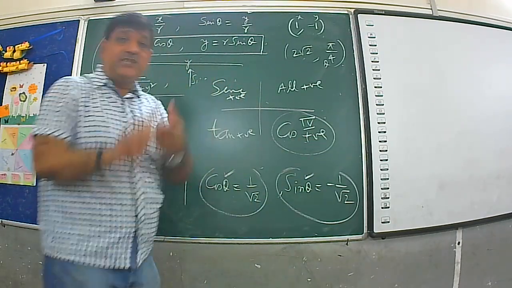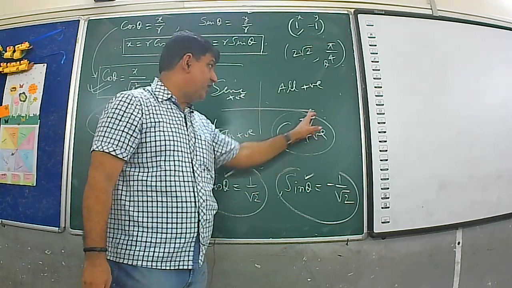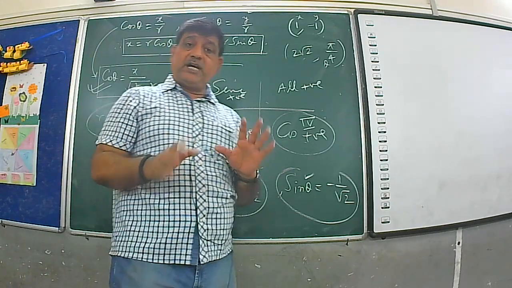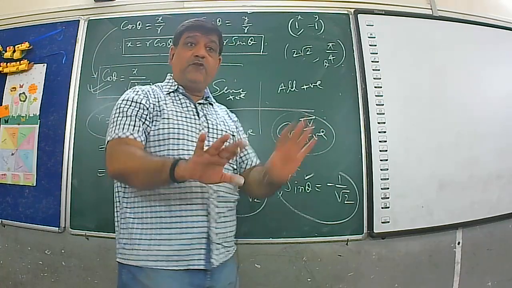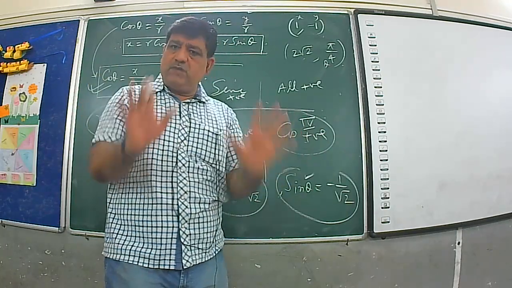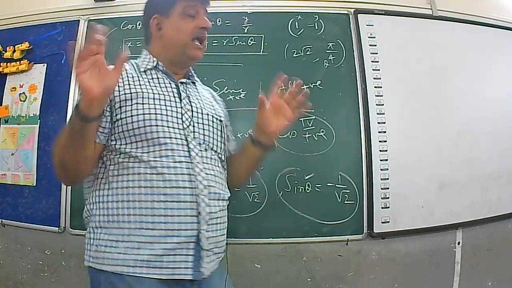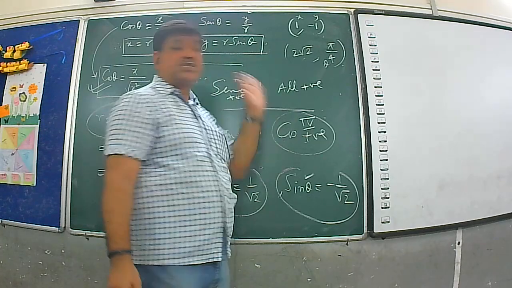So the value of theta should be more than 270 and smaller than 360 degree. In geometry, boys, we have to consider the angles from 0 to 360 degree. We will avoid negative angles, we always try to avoid negative angles so far as practicable, and we always write the angles from 0 to 360 degree.